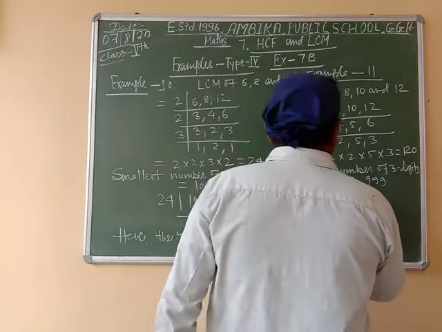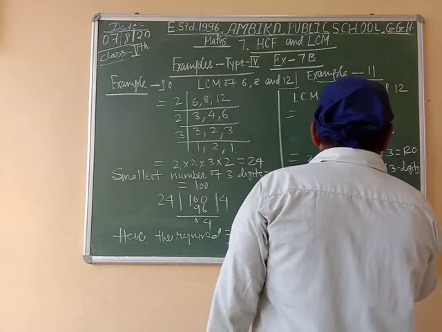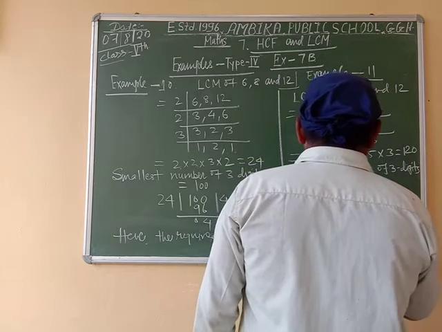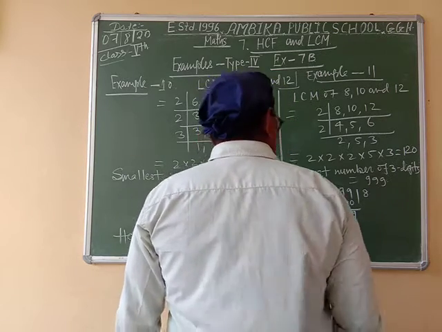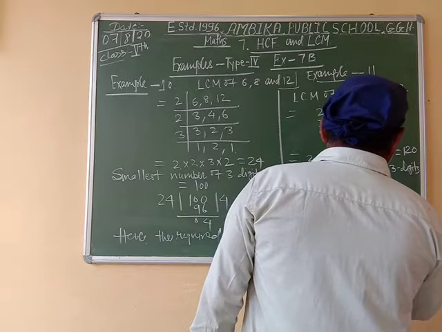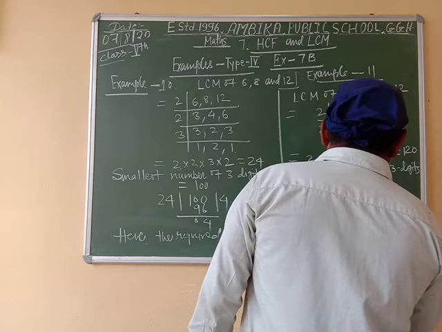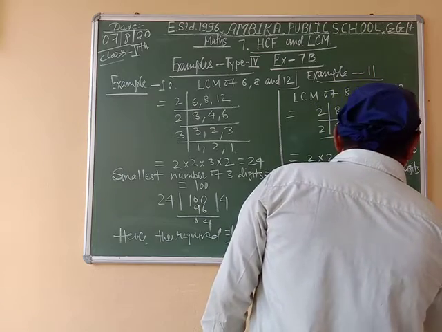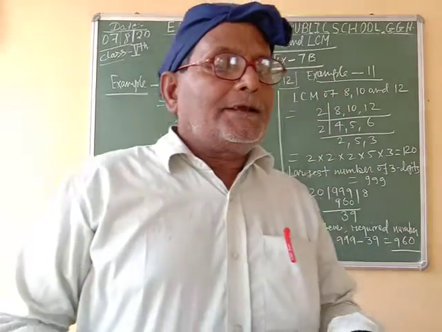On dividing 999 by 120, we get remainder 39. Hence the required number is equal to 999 minus 39, which is equal to 960.